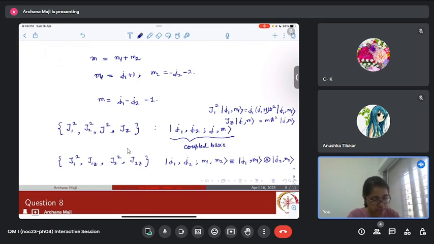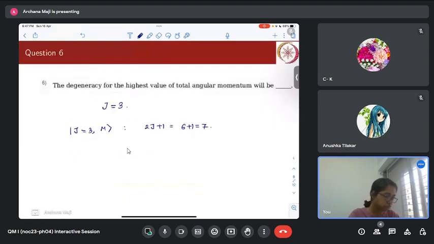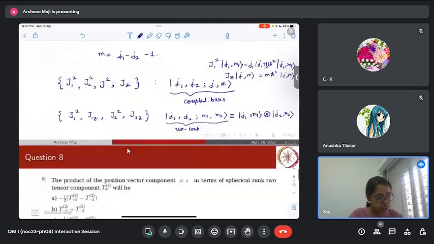So there are two particles. Corresponding to the first particle, the angular momentum is j1, corresponding to the second particle it's j2, and these are the z components of that angular momentum for the first and second particle. Their tensor product state can be written in this compact way, and this is called the uncoupled basis, because here we explicitly know what m1 and m2 are for the two particles.